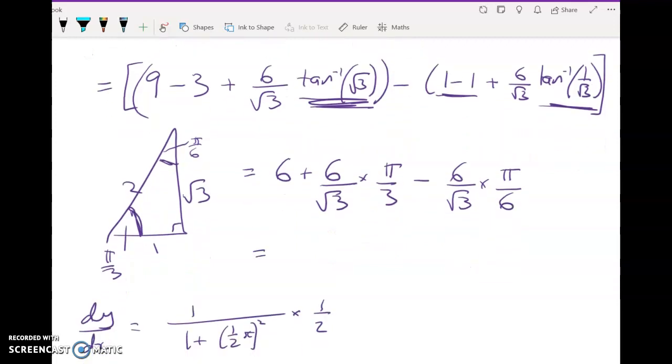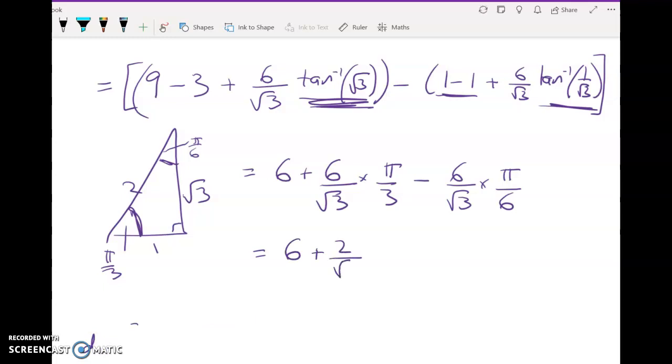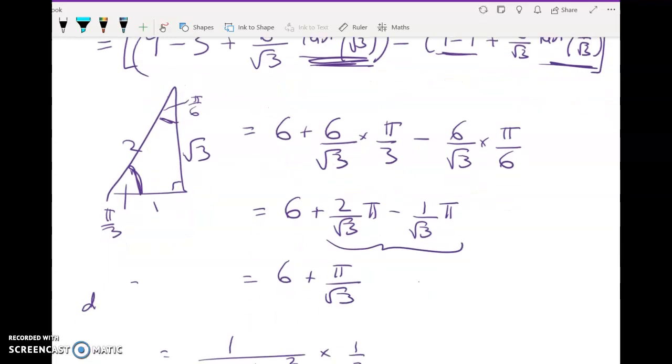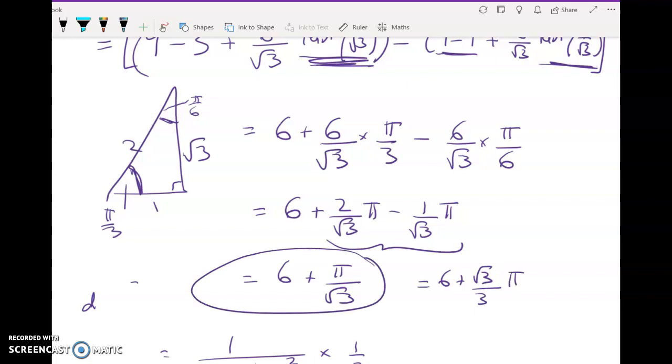Okay, cleaning this up lets me finish the whole thing off with 6 plus 2 on root 3 pi minus 1 on root 3 pi, which gives me a nice final answer of 6 plus pi on root 3, just collecting up like terms in here. I can rationalize that if I want, and I'll get 6 plus root 3 on 3 pi. I think I'd probably leave it like that.